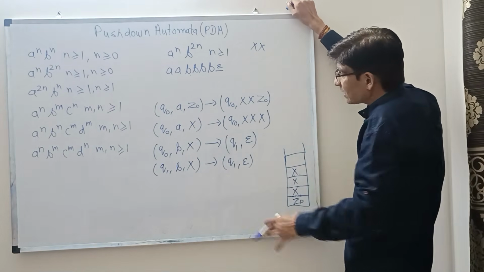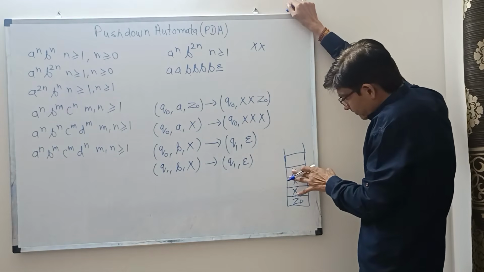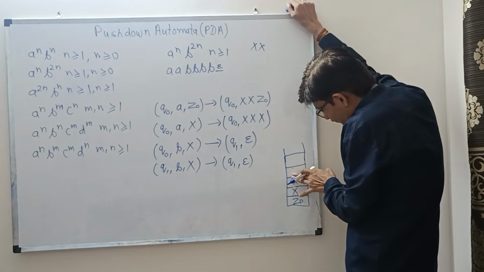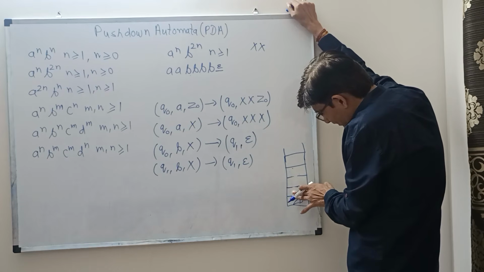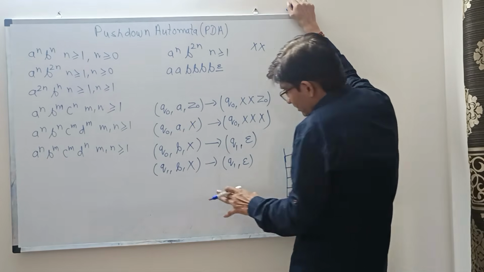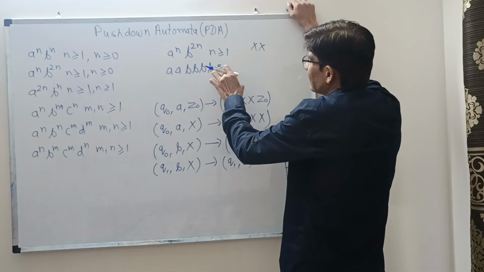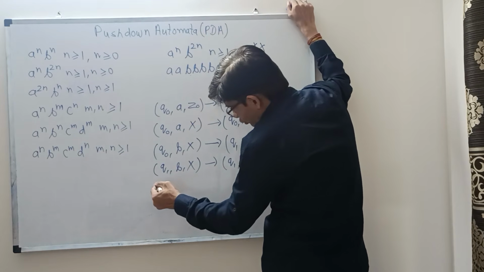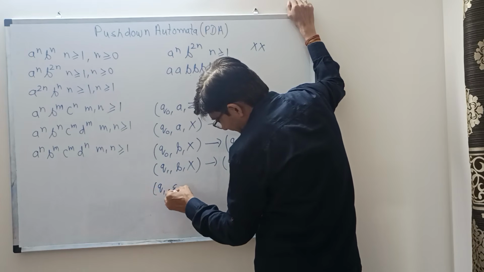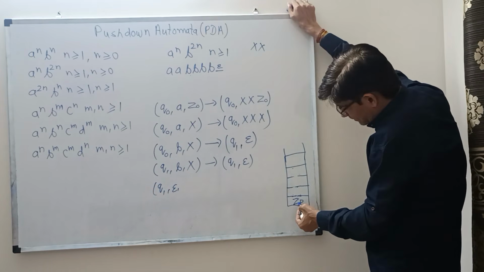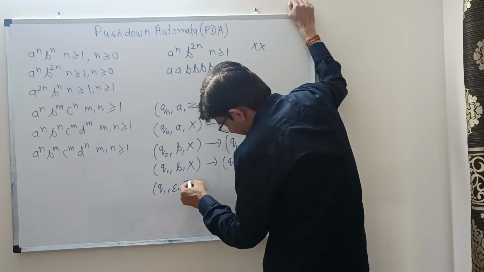Now, after reading all 4 B's, you will remove all 4 x from the stack, and at the end you will read epsilon. So you will be in Q1, you will read epsilon, and at that time Z0 would be the stack top.